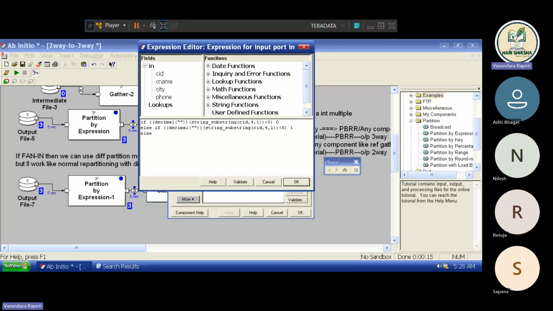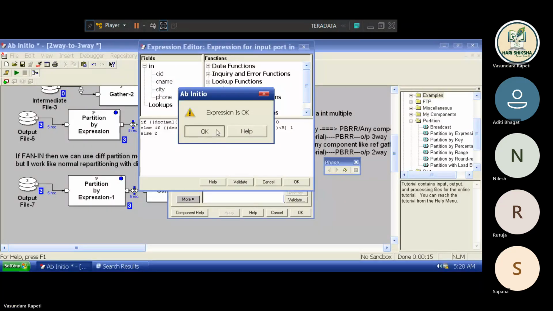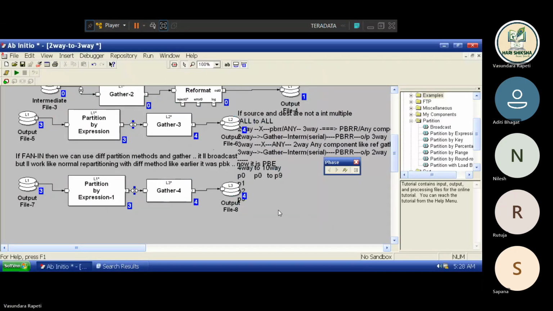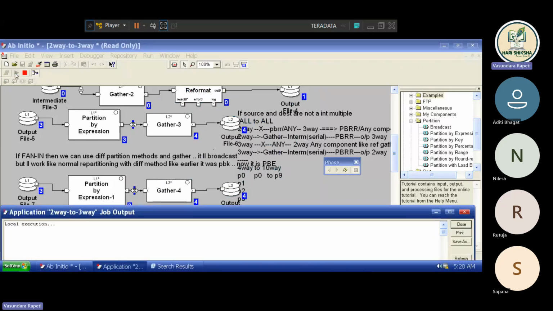Else, go to 2. 3, okay, leave it. So less than 3 here, 3, 4, 5 here, 3, 4 here, 5, 6 here, remaining left. Okay, fine. So 0, 1, 2. 3 ports should be filled.